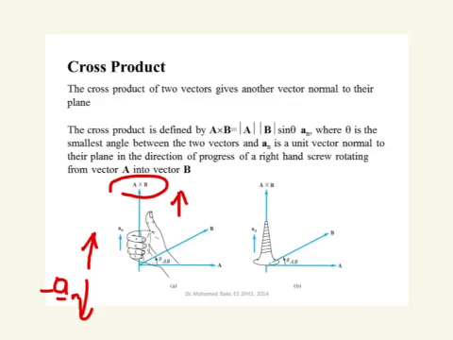We use it very often to see the angle between the two vectors. Of course, if the two vectors are parallel, theta is 0, sine theta is 0, and the cross product will be equal to 0. So it can be used to measure how parallel two vectors are to one another.